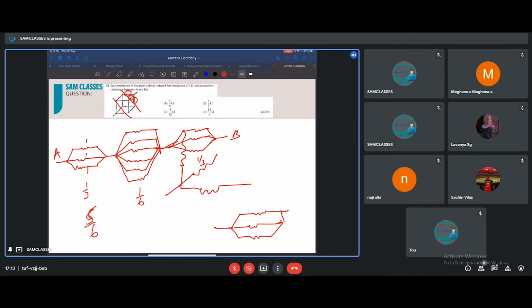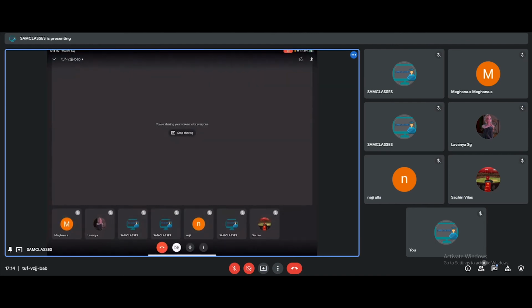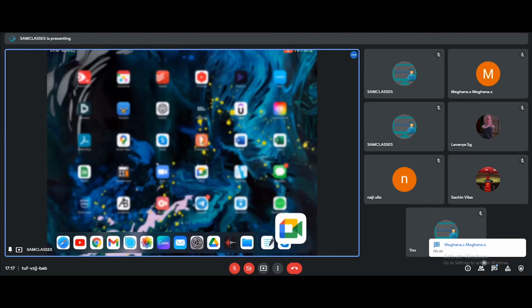No problem, I'm anyway explaining one more method. Just give me one second. Now, let's start. Anybody got the symmetry method? How to solve it with symmetry?